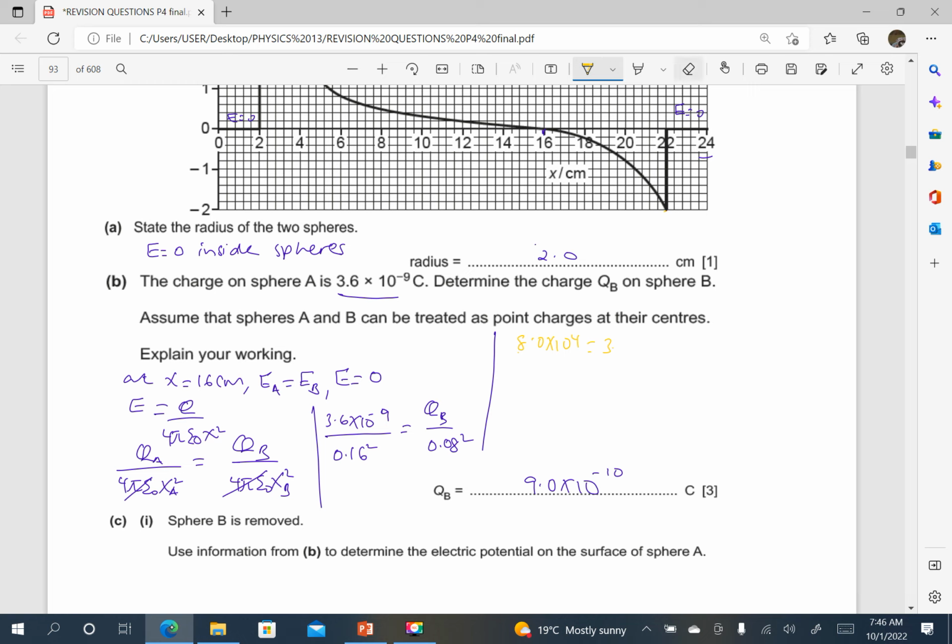On the surface of sphere B, I'll just be direct. E on the surface is 2 times 10 power 4.